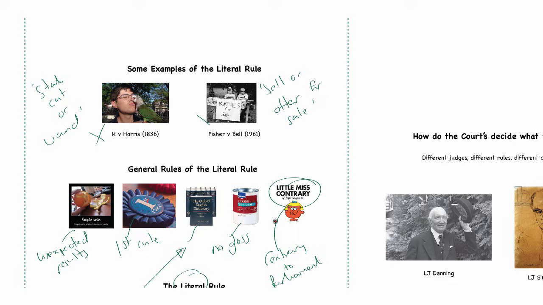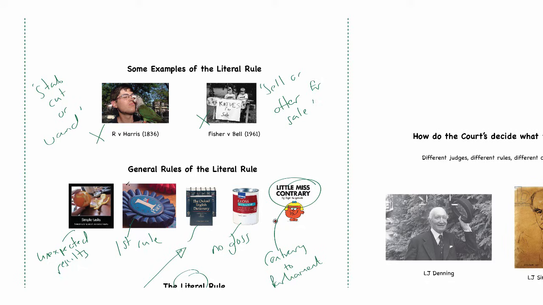So in both of those cases, the defendant walks free because the literal rule was applied and led to some element of an absurdity. Now you might say, well, why on earth do we use the literal rule? Of course, one of the key reasons is that Parliament is meant to be supreme. It's Parliament's job to change statute, to make statute, to change the law, to amend the law, not the judiciary's.